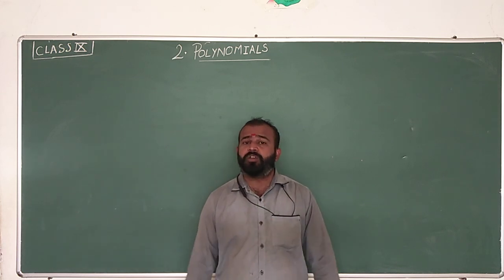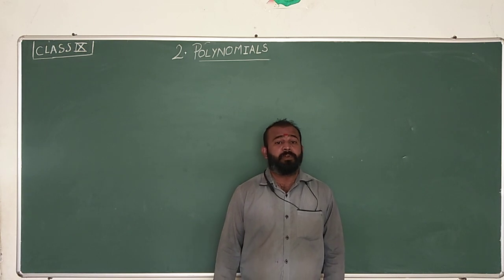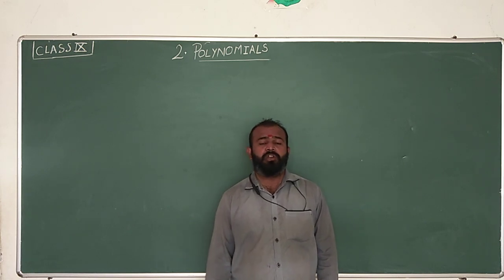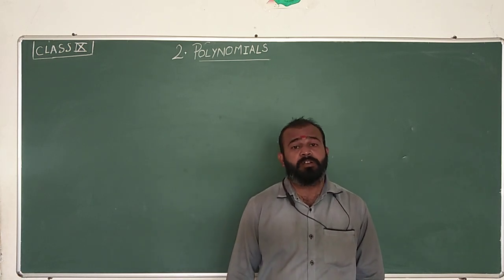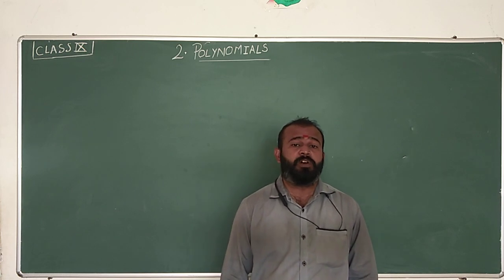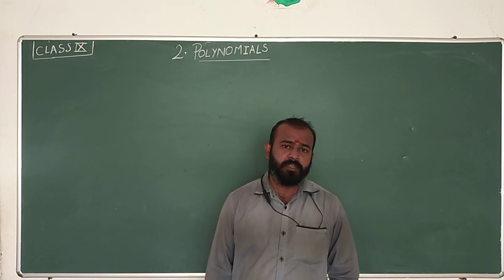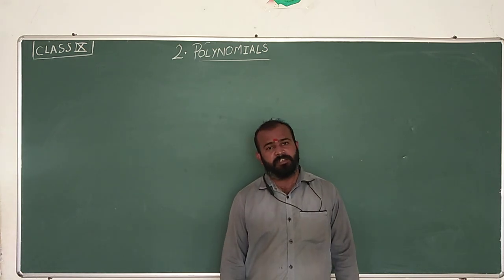One very important topic in 8th standard was factorization of quadratic polynomials. That will be very important for 9th standard, for 10th standard also, and for the future also. So these are the parts that you should learn from the 8th standard.